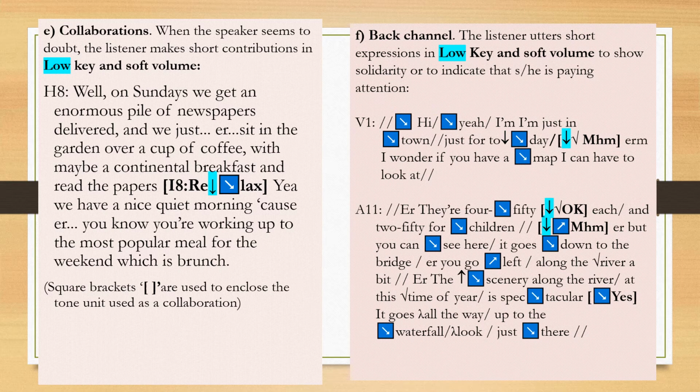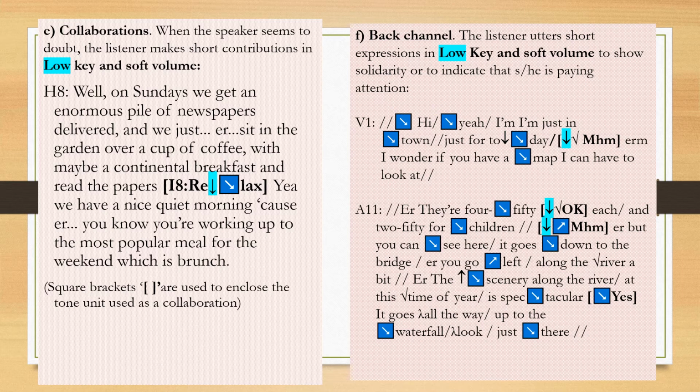And the other case, which is similar to collaboration, is back channels. Back channels are also very short interventions produced with low key and soft volume. And the idea here is that these back channels have a phatic function. That is, they are sort of reactions to what the other person is saying, but not challenges, telling the other person that you are paying attention to what they are saying.